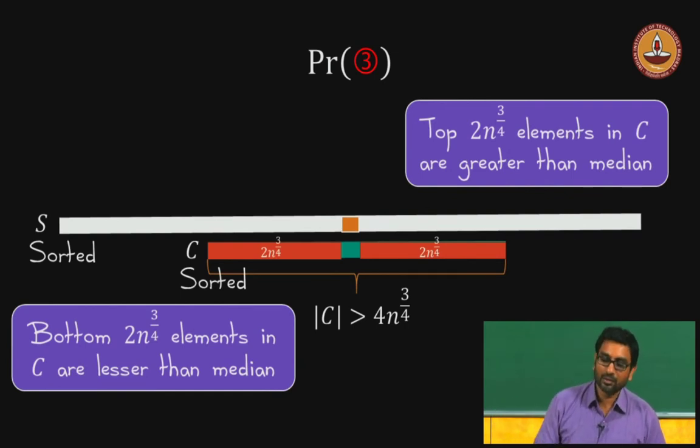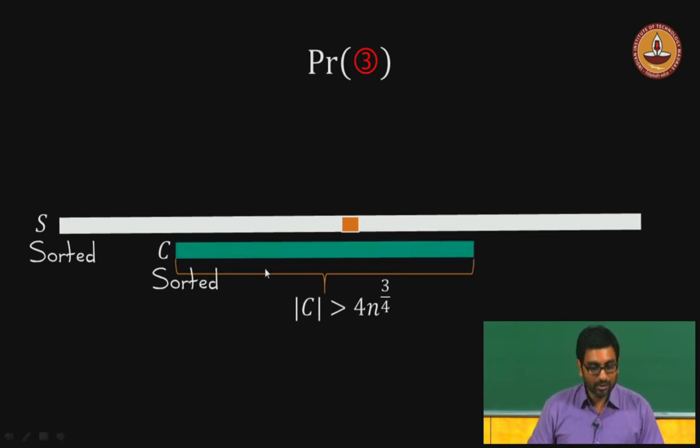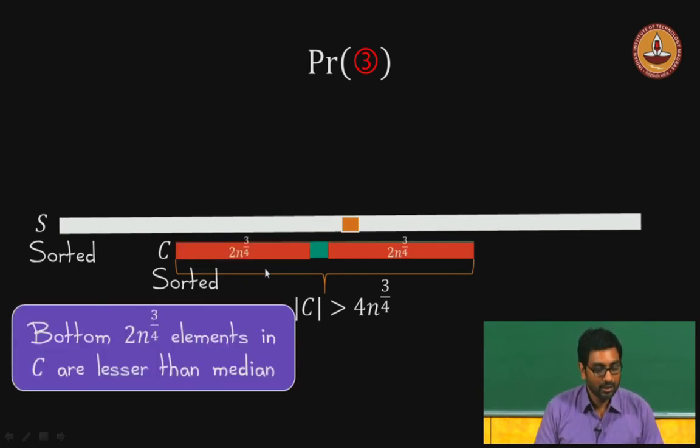The top 2 n to the 3/4 elements in C are greater than the median, and the bottom elements, this bottom red portion, is lesser than the median. The third possibility is that the right part overlaps, but the left part, the bottom 2 n to the 3/4 elements in C, are less than the median.